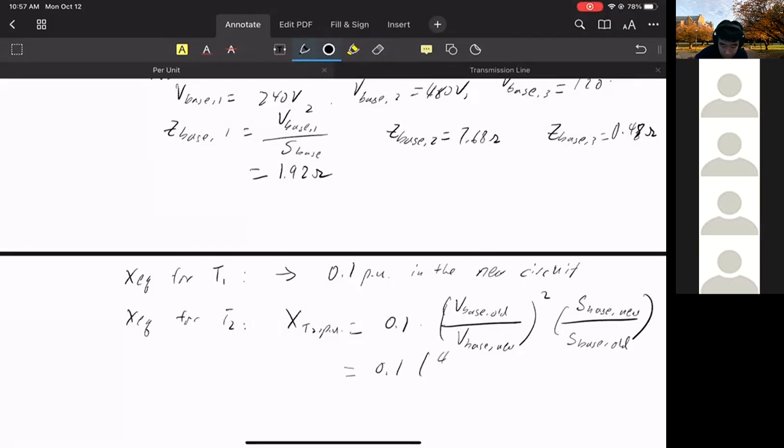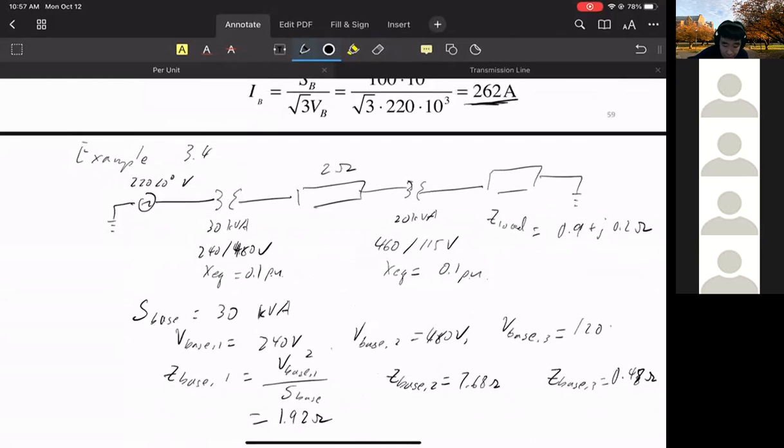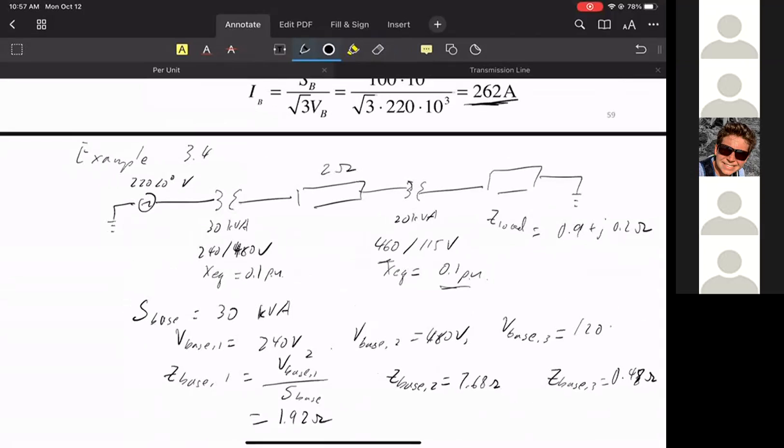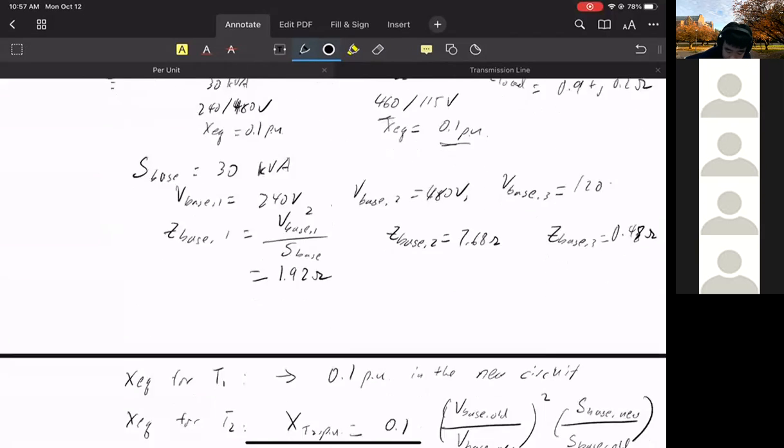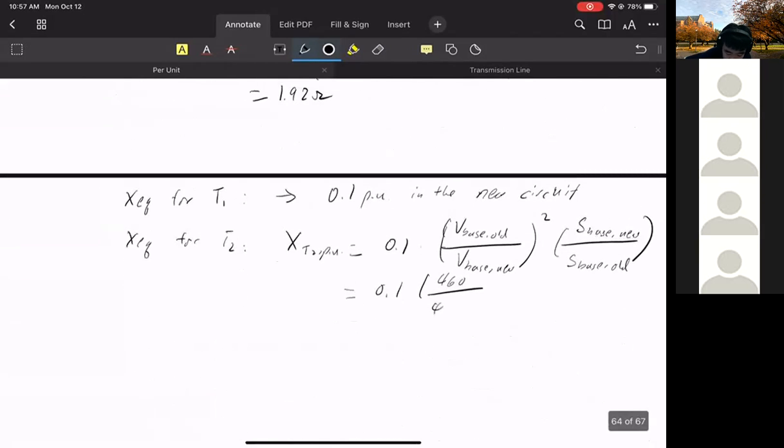So plugging in all these numbers, we get 460. If you look at the transformer rating, it is given at 460. So this per unit value refers to that base voltage. We want to put this into the new base, which is 480. So we're going to divide by the new base squared.